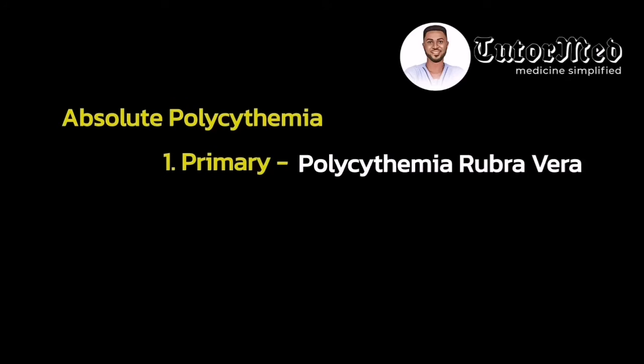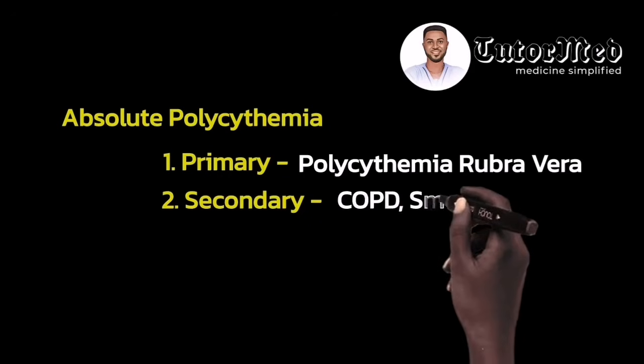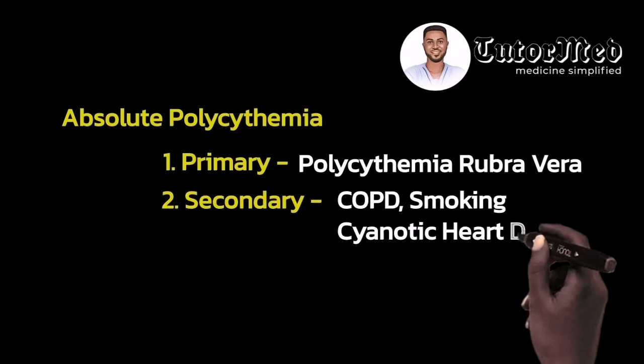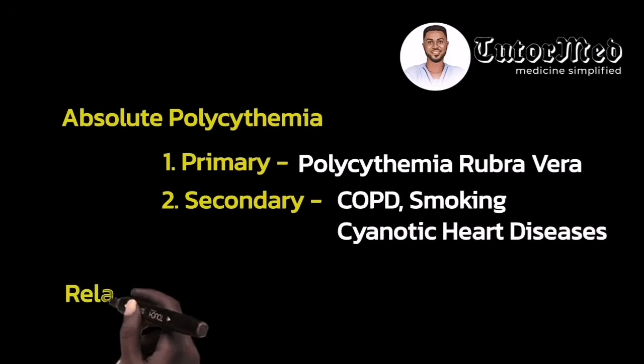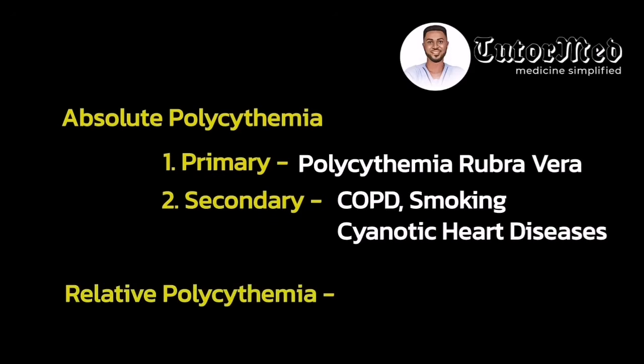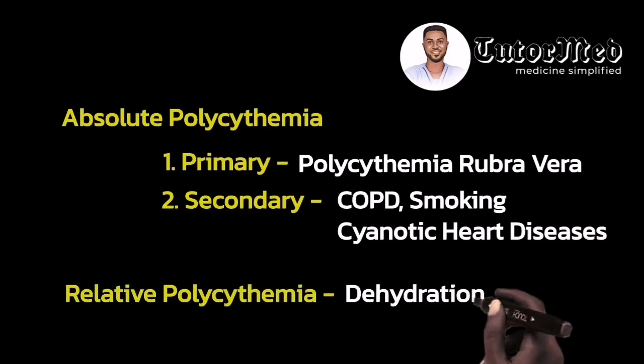Conditions which cause chronic hypoxic states are responsible for secondary polycythemia because the chronic hypoxia will stimulate erythropoietin release, which would cause increased red cell production. So conditions like COPD, smoking, and then cyanotic heart disease. Then for the relative polycythemia, we have dehydration. Secondary absolute polycythemia is the most common cause of polycythemia.